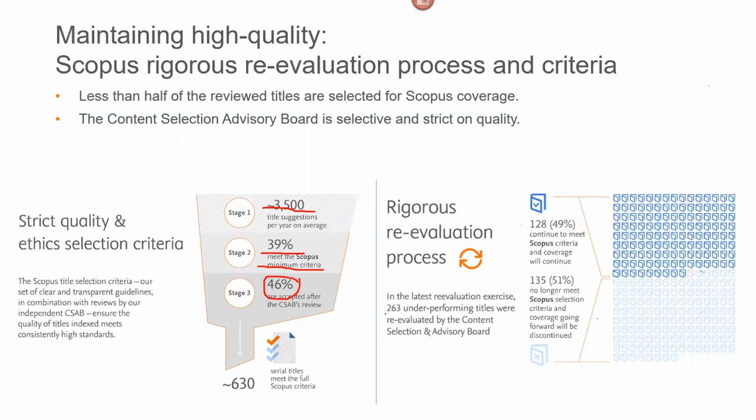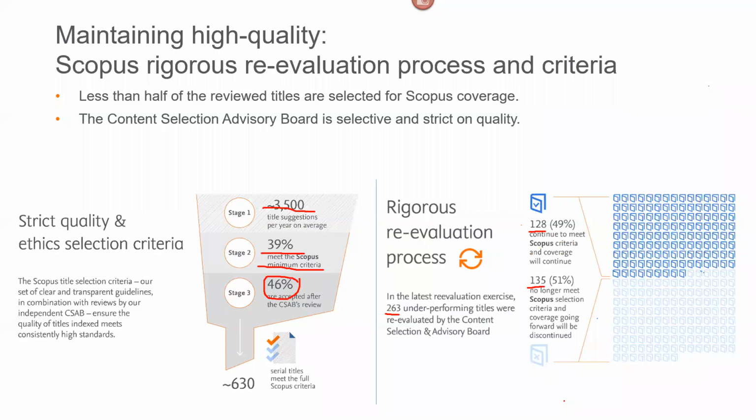For 1 year, we had 263 journals to be reviewed. We found 128 of them, 49%, still meeting the Scopus criteria, so we kept them in Scopus, and 135, 51%, no longer meet Scopus criteria, so we had to discontinue them.